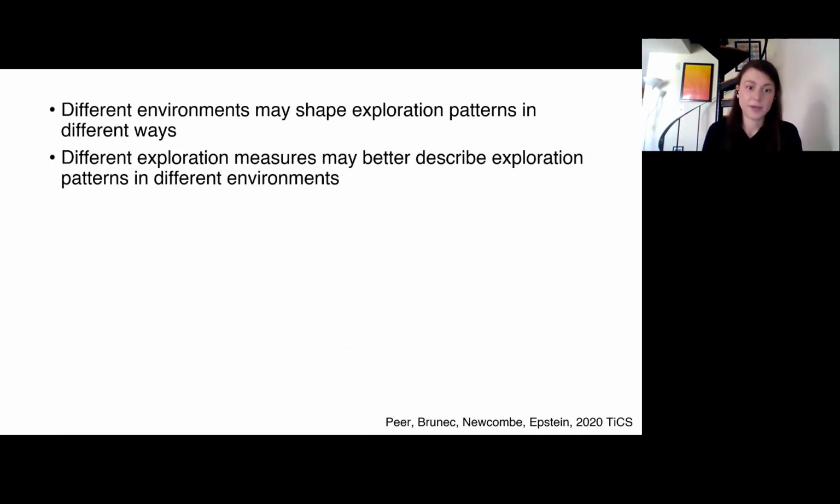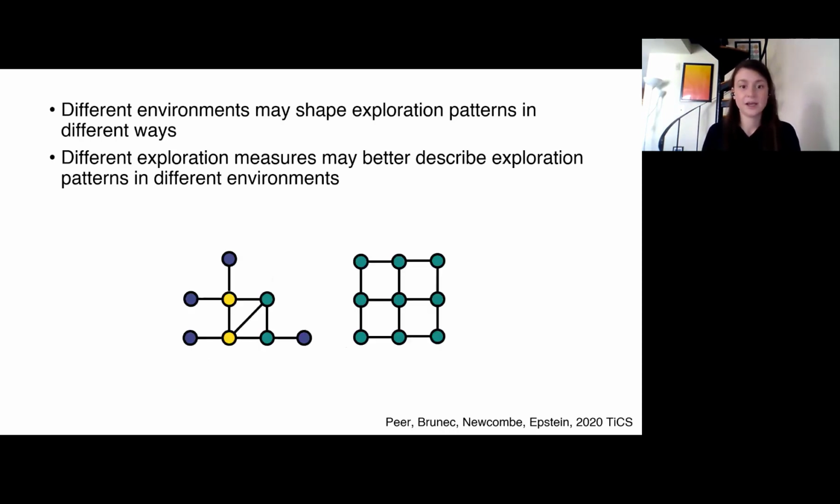And then, as I mentioned, different exploration measures may better describe patterns in different environments. If you take a very simplified example of two cities, one would be very grid-like, what I was mentioning before, whereas the other might be very convoluted, but you're looking at the exact same number of nodes in this graph.